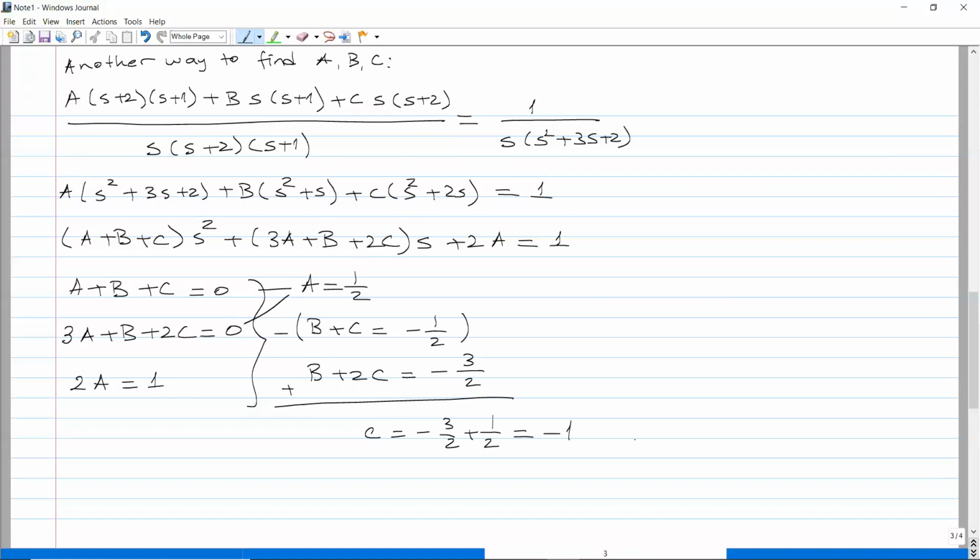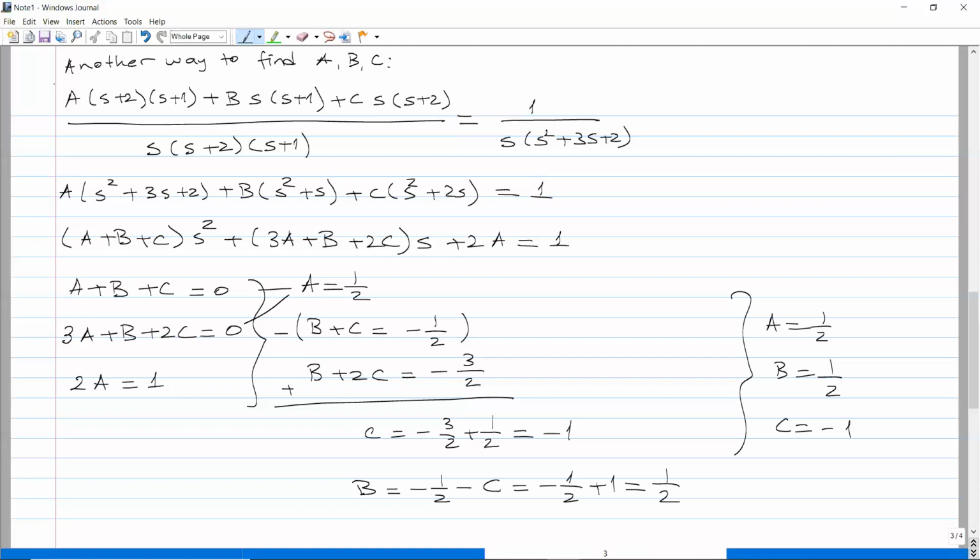So C is minus 1. And finally, B is minus 1/2 minus C, so minus 1/2 plus 1, B is 1/2. So finally, you have A equals 1/2, B equals 1/2, C equals minus 1. Of course, the same as we found above.